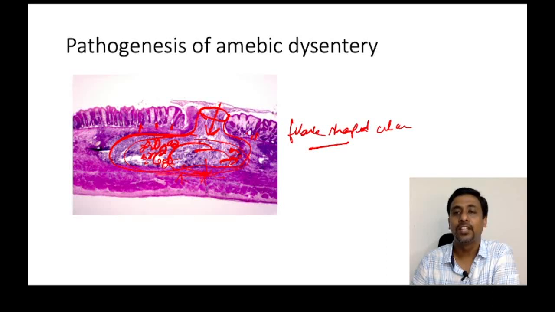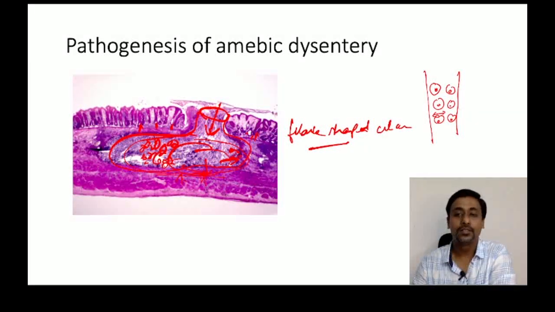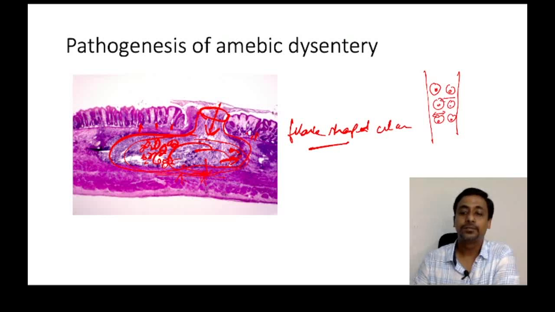suppose this is the large intestine, a longitudinal section. If you see, the ulcers are like pinheads and they are multiple in number, but the intervening mucosa is normal in case of amoebic dysentery.